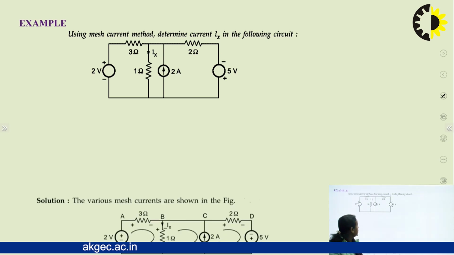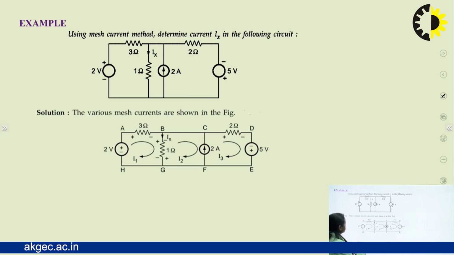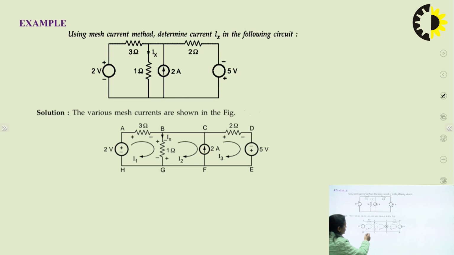The first thing is we will consider the various loops here: I1, I2 and I3.